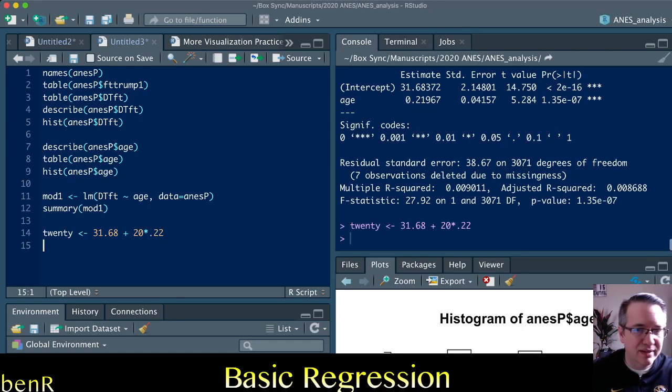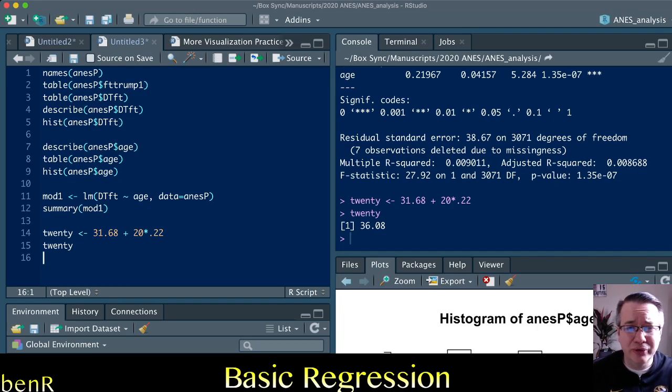If we run that, it's telling us that a 20-year-old would be estimated to score Trump 36.08 on the feeling thermometer.